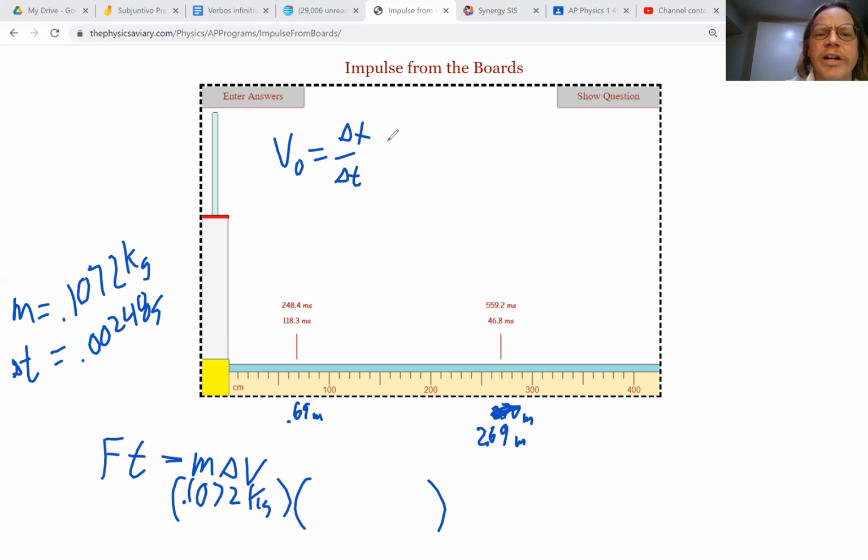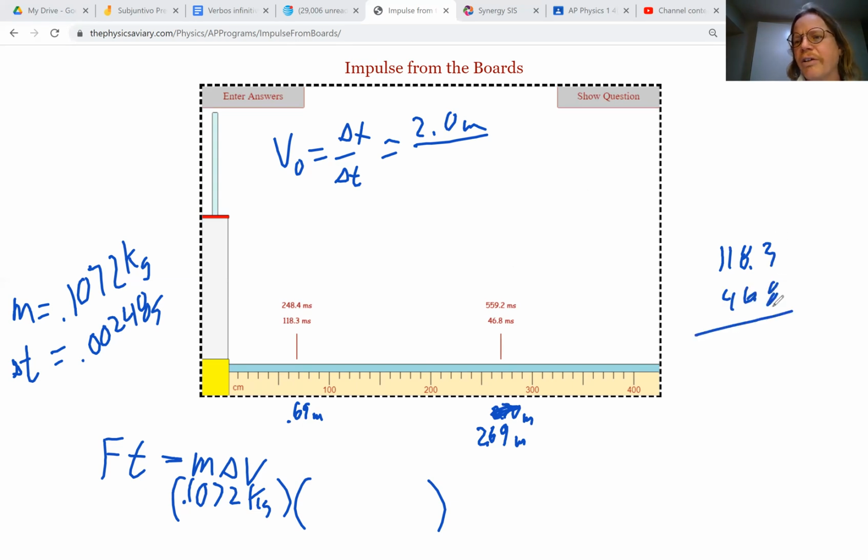So for the initial velocity before it hits the boards, it's 2 meters. And the time to do that is 118.3 minus 46.8. Who's got a calculator? I do somewhere. That's a 1. And so that would be, what, a 7 there?